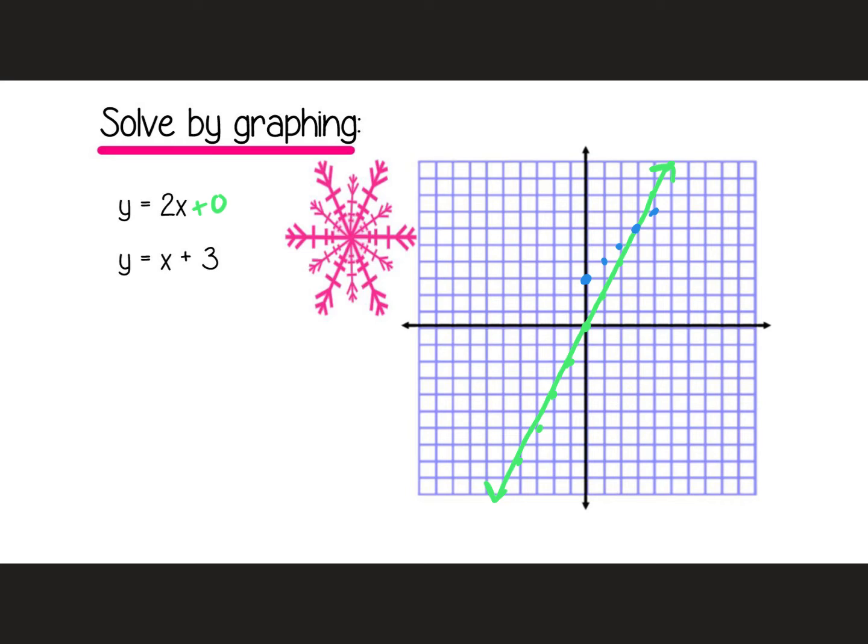Okay, now I see where they intersect, so I'm going to stop continuing plotting the points, and I can tell that my answer is right here, and that is the ordered pair. Let's see here, (3, 6). So (3, 6) is the answer.